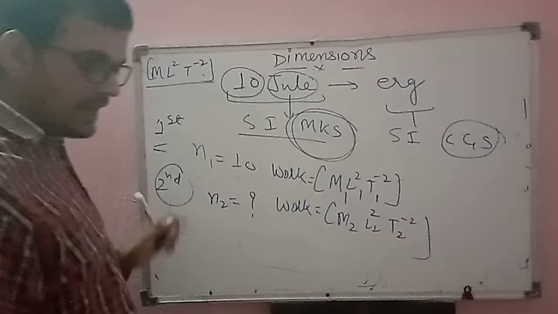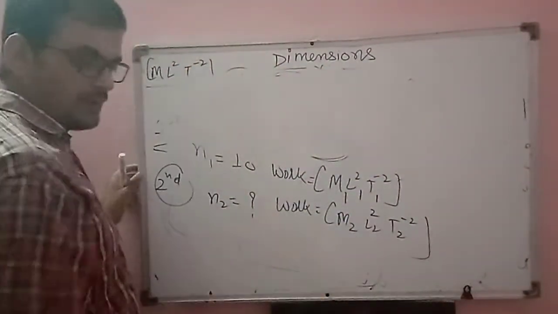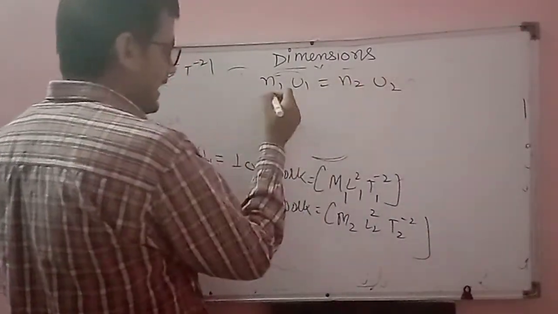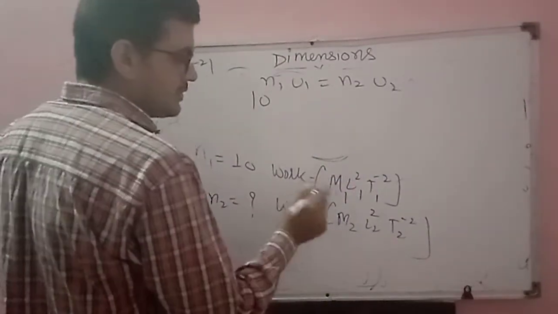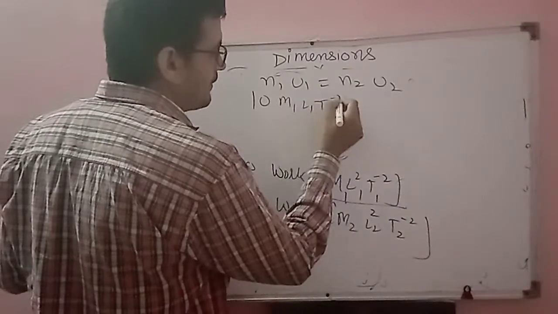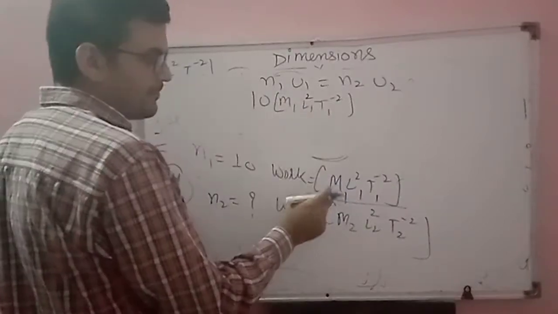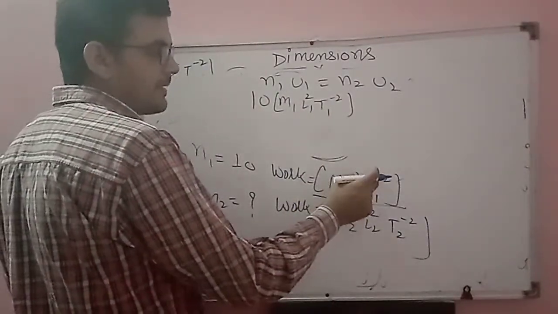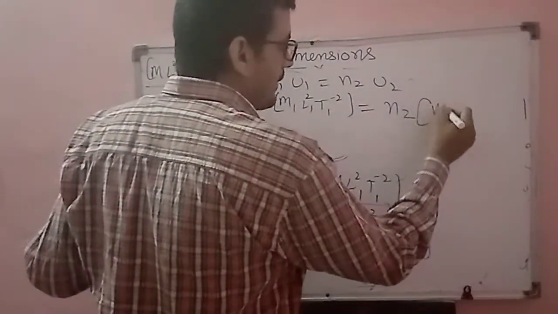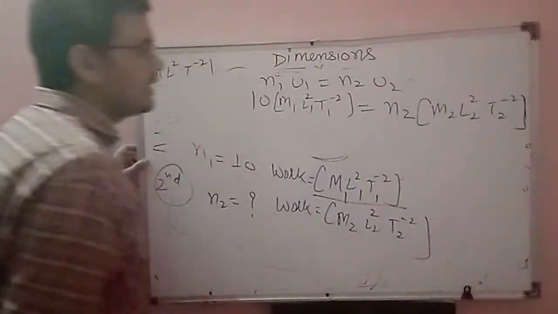Now I have told you, N1 U1 equal to N2 U2. N1 equal to 10, U1 equal to M1 L1 square T1 power minus 2, equal to, we have to find out the value of N2, and it is M2 L2 square T2 power minus 2.